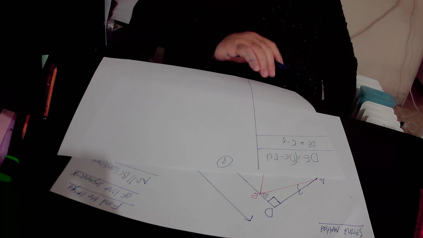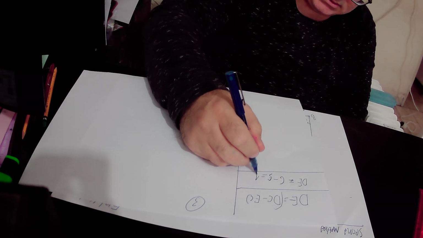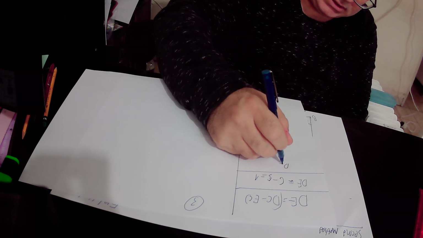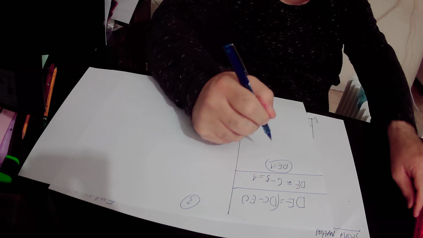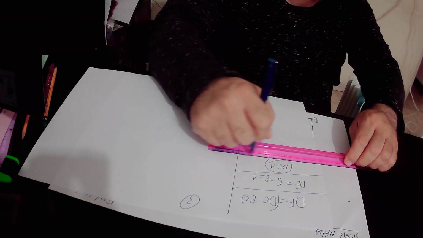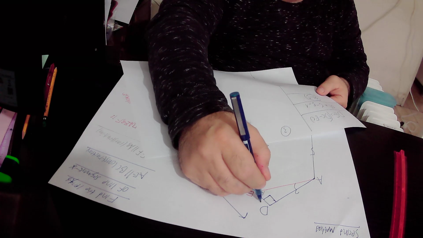So in conclusion, I found out that DE equals 6 minus 5, that is 1. So DE equals 1 unit. So we can write here that DE equals 1 unit.